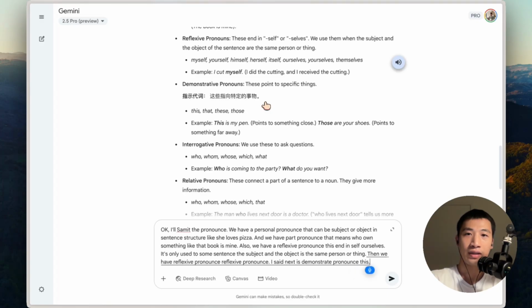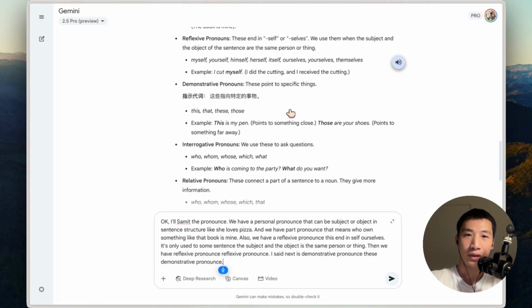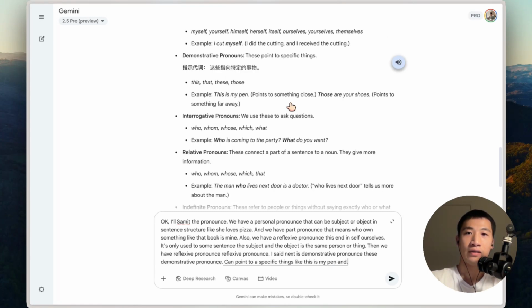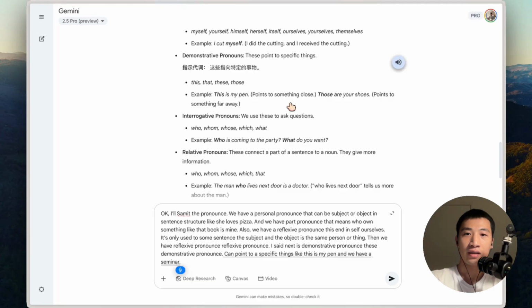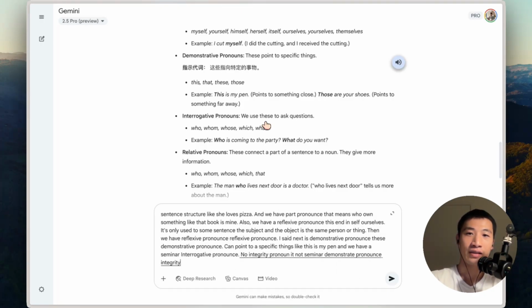These demonstrative pronouns can point to specific things, like this is my pen. No, interrogative pronouns are not similar to demonstrative pronouns. We use interrogative pronouns to ask questions, like who, whom.